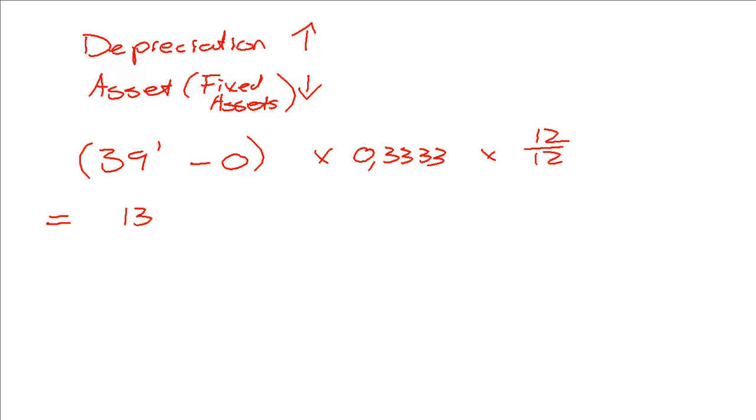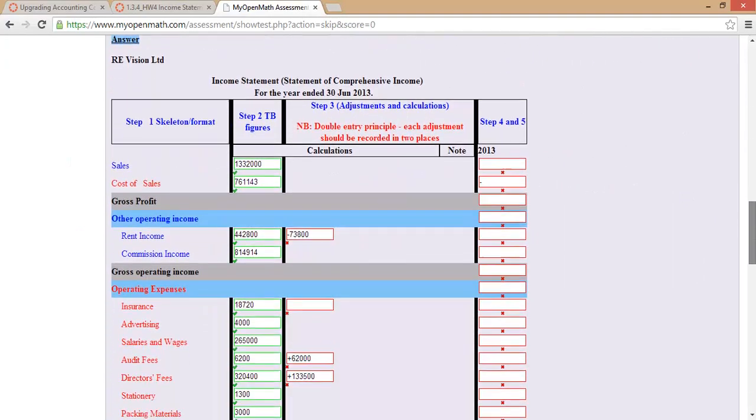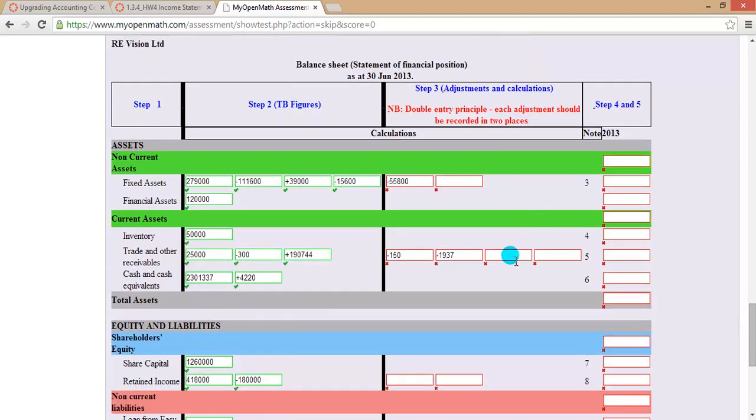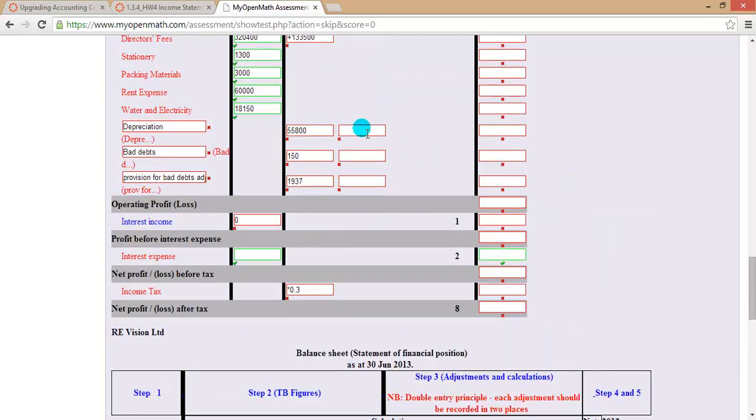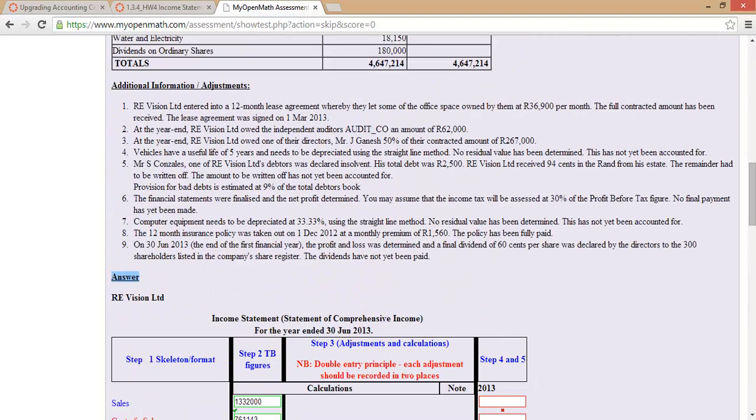If you calculate that, you're going to get 13,000 Rand if you round it off. So we can fill this in. My asset is going to decrease with the 13,000 Rand. You can do them in any order. You can do the income statement first as well, whichever you wish. And my depreciation is going to increase with the 13,000 there. Alright, that is number 7.